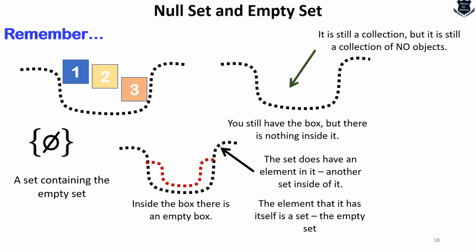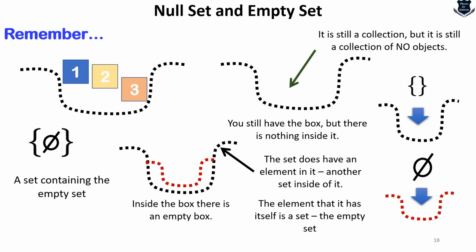So you can imagine it this way, depending upon the levels. For example, the curly braces, you can imagine to be that big basket, the black dotted one. And when you say the null set inside it, this is actually this one, that is the brown one which has got it.